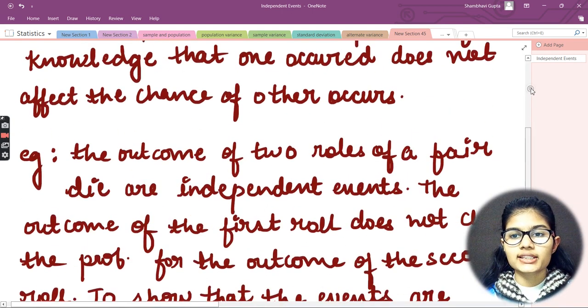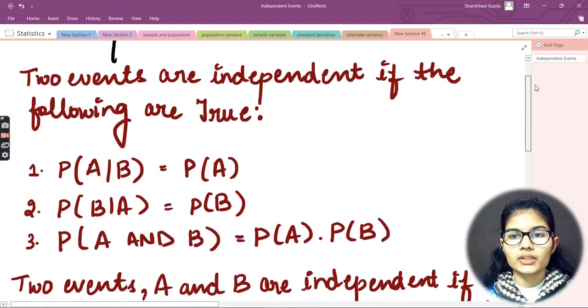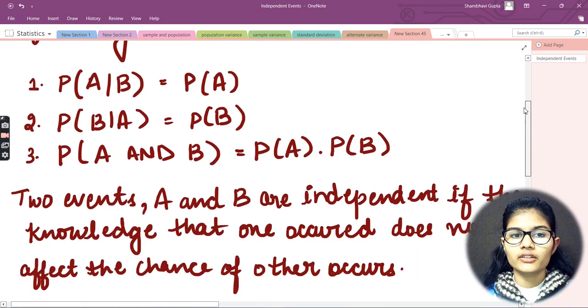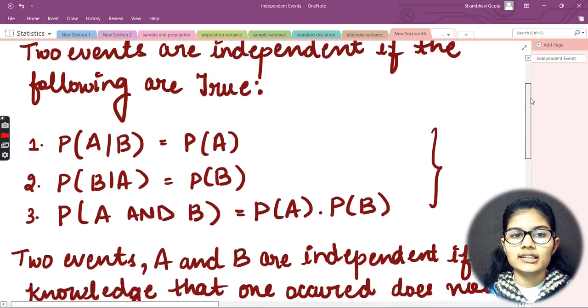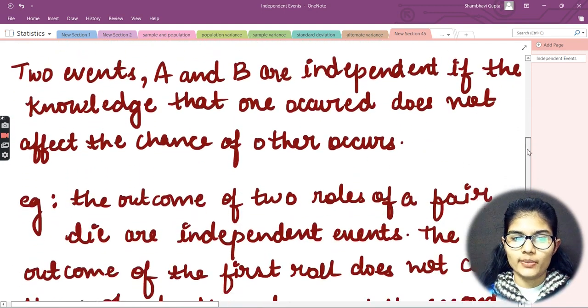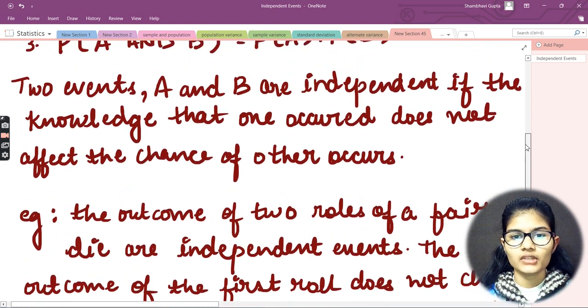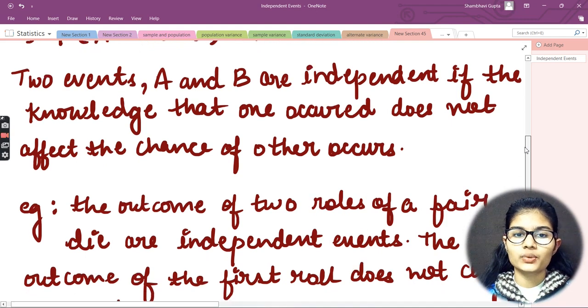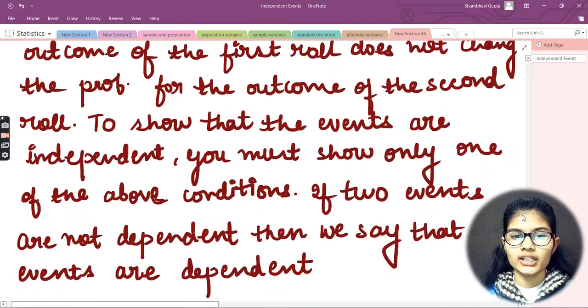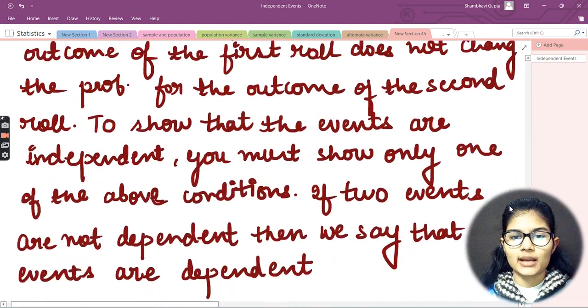So today we discussed a little about independent events. If the three conditions mentioned here are true, we say that the two events are independent. And the two events A and B are independent if the knowledge that one occurred does not affect the chance of the other occurring. We also saw a quick example.